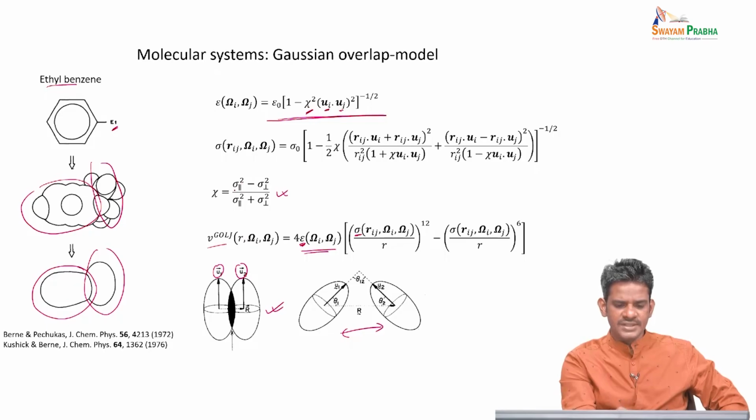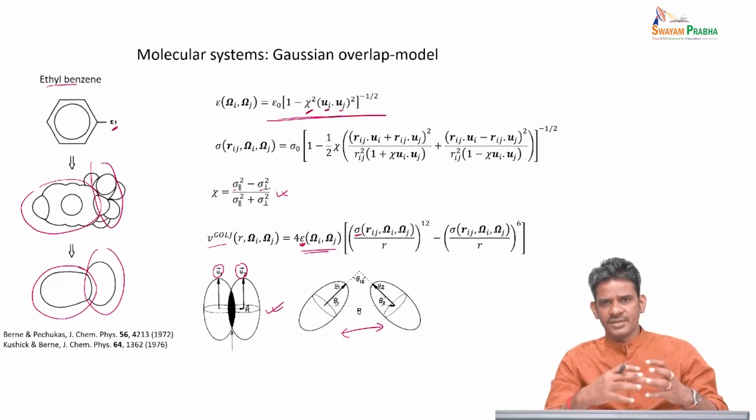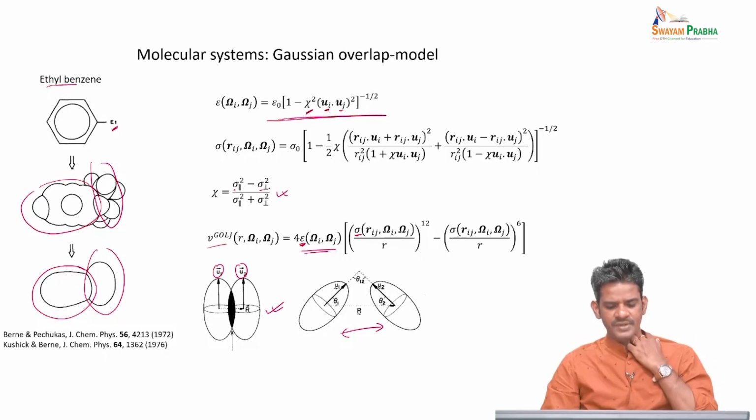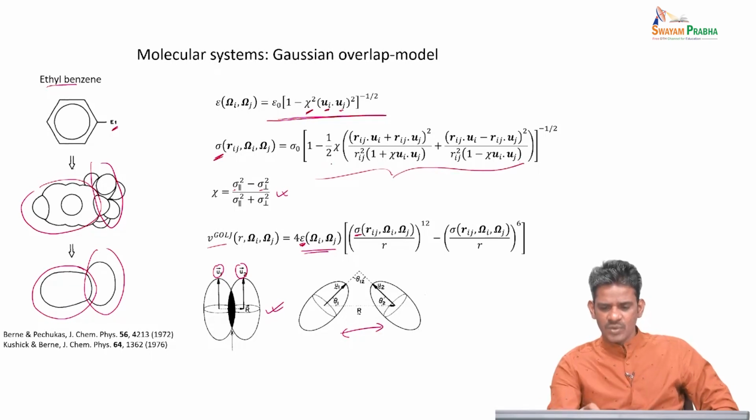You can see that chi depends on two parameters, sigma parallel and sigma perpendicular, and it tells you the anisotropy or the aspect ratio of the molecule, relating to its non-spherical shape. Similarly sigma, which tells you about the size, also depends in a complicated manner via this equation. What goes into this expression is the interparticle scalar distance, the anisotropy parameter chi, and also the relative orientations ui and uj.